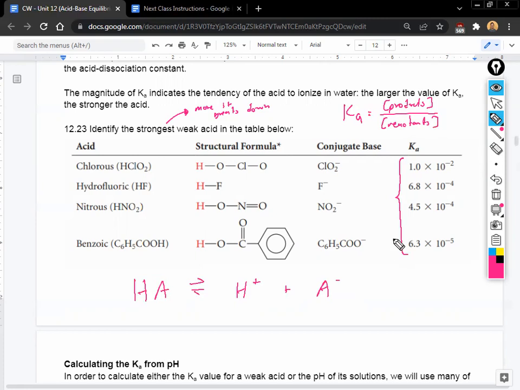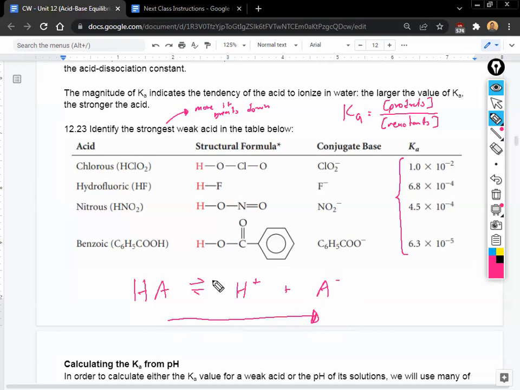Okay, so if we take a look at this, if it breaks down more, are we going to have more reactant or less reactant? Okay, so for a stronger acid, is it going to be a bigger numerator or a bigger denominator? Yeah, the stronger it is, the more it goes to the right, right? So the more it goes to the right, what happens to the numbers for here?